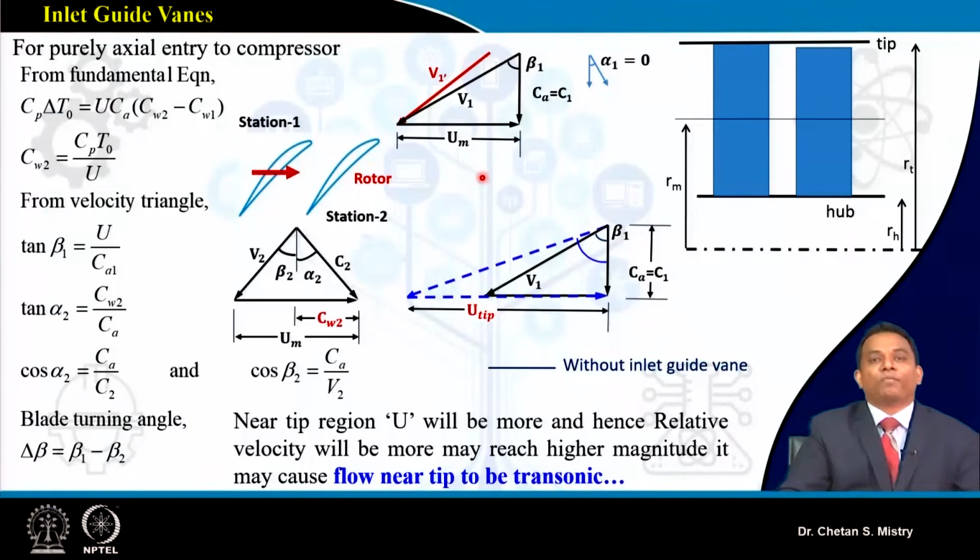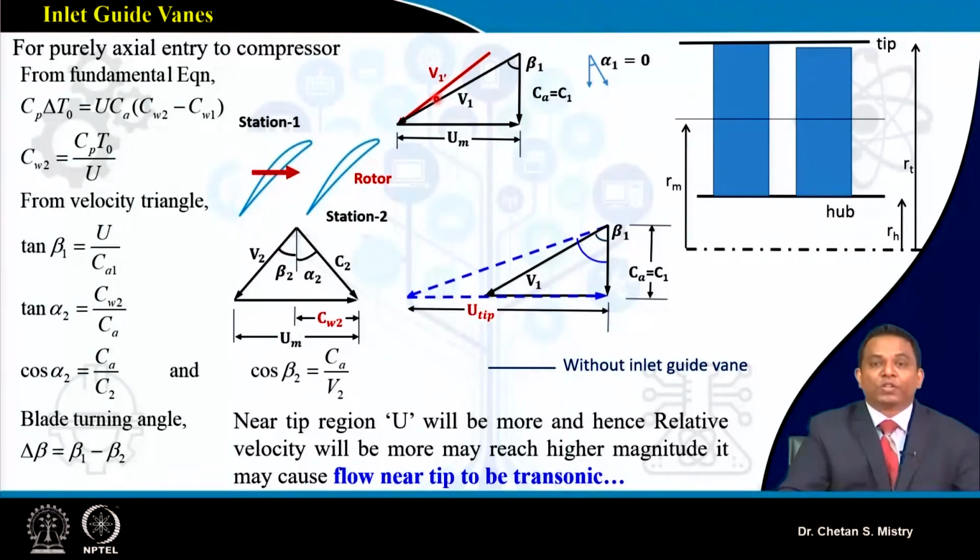Because we are looking for our flow to be subsonic or high subsonic near the tip region. When my flow goes transonic, there may be chances for the formation of shock, and this shock we have considered acts like a blockage to my flow, and that increases my losses, and that will lead to a reduction in efficiency as well as sometimes reducing my operating range. So that's the reason.